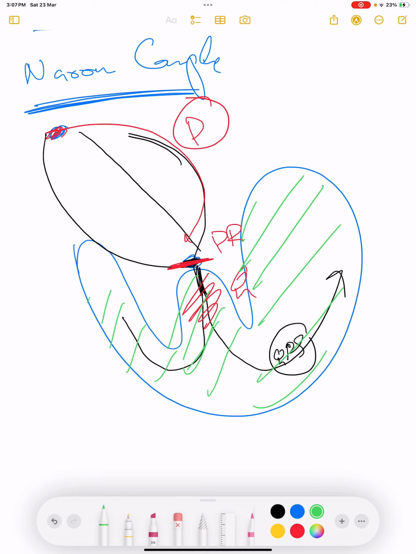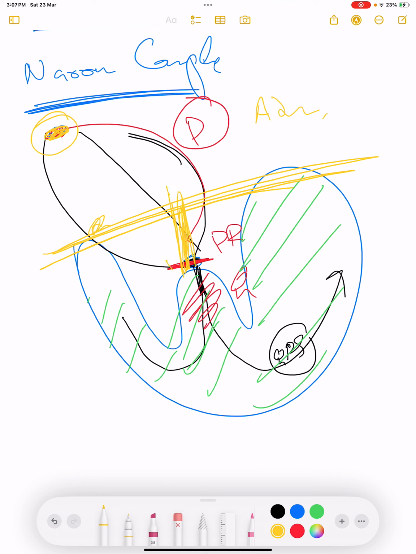Whenever there is a normal conduction from atria to ventricle, what do I mean by normal conduction? Normal conduction means any conduction starting anywhere above the AV node. It can be in the SA node, it can be in the atrium, it can be in the junction, wherever any conduction starts above the level of the AV node, and that impulse passes through the AV node and after passing through the AV node it is distributed to the ventricle.